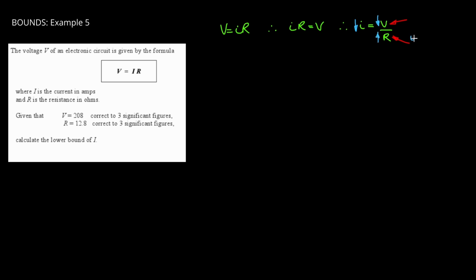So we need the upper bound of the resistance and the lower bound of the voltage to get the lower bound of the current. So first of all, the voltage, 208.